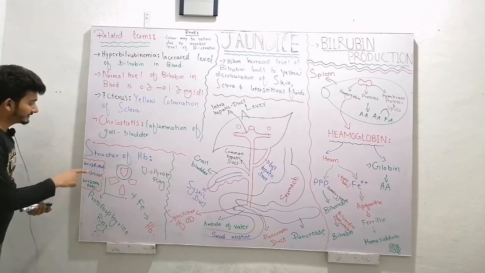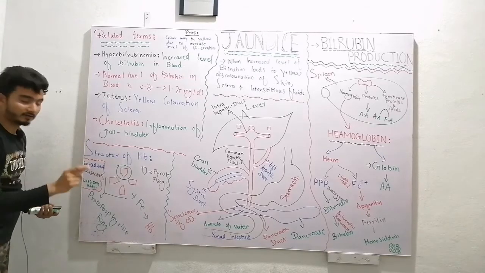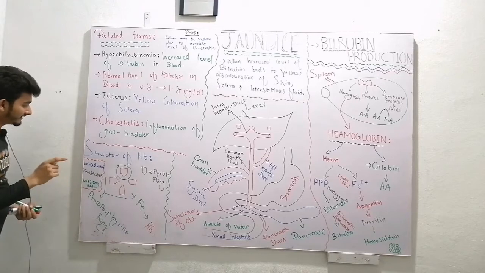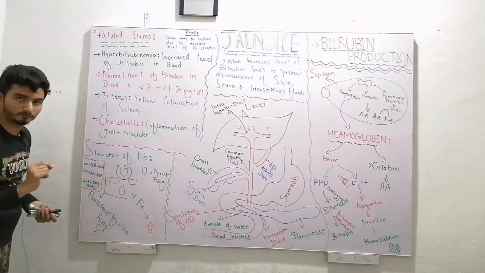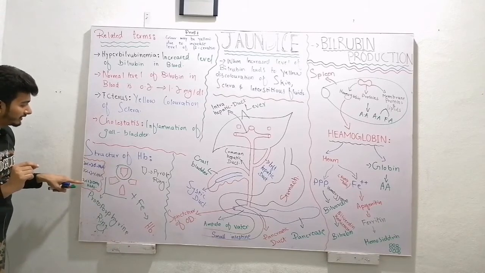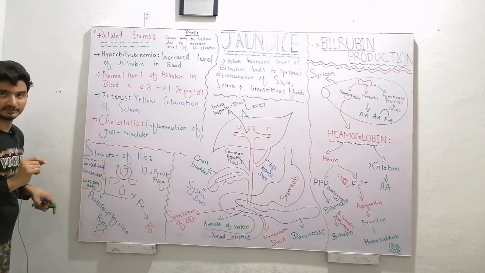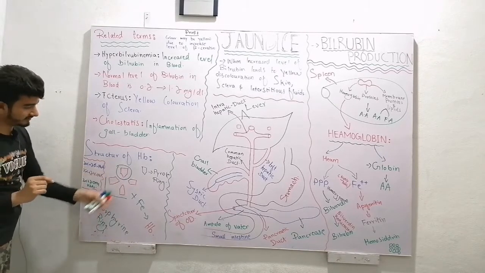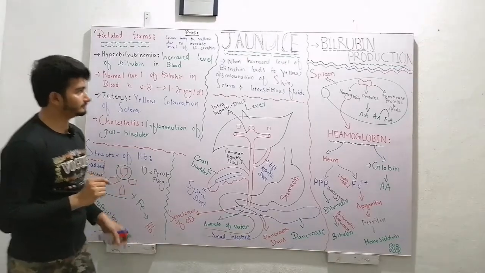In this case, the 2 beta chains are replaced by 2 gamma chains. Another is hemoglobin A2, which has 2 alpha chains and 2 delta chains. So these are the types of hemoglobin and the structure of hemoglobin.